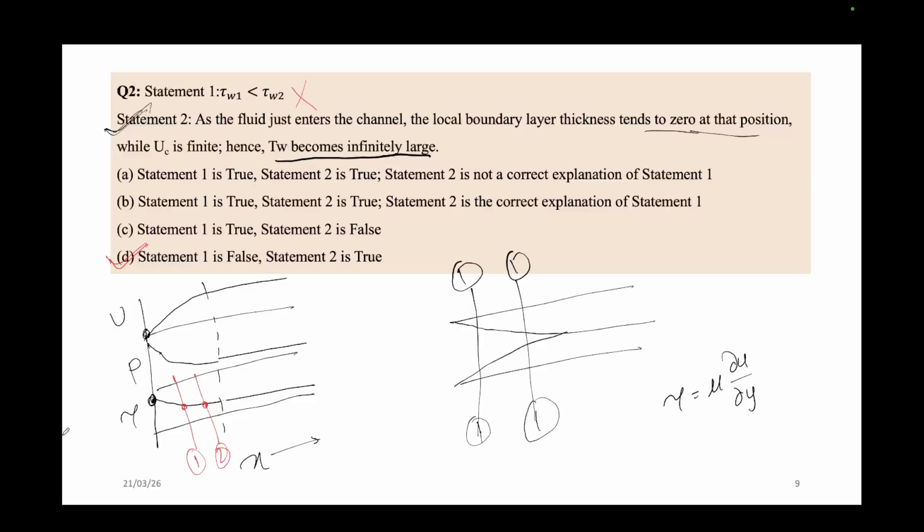So boundary layer thickness increases with the length. What does that mean?